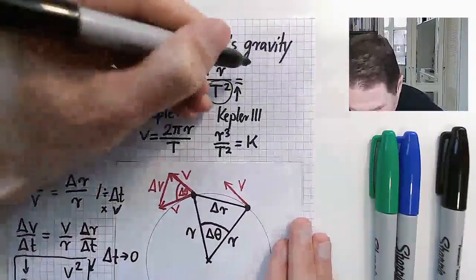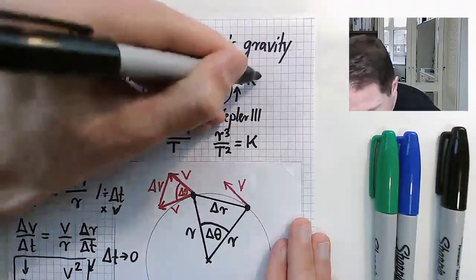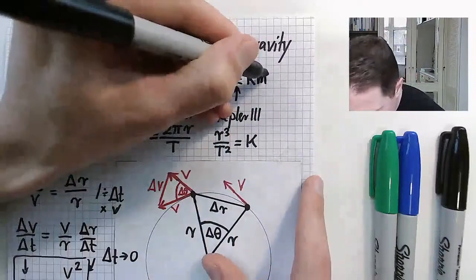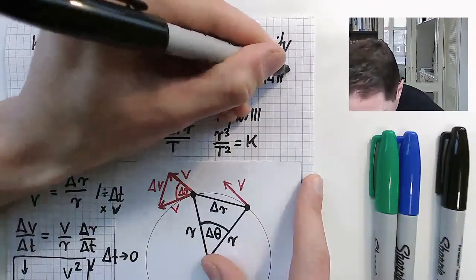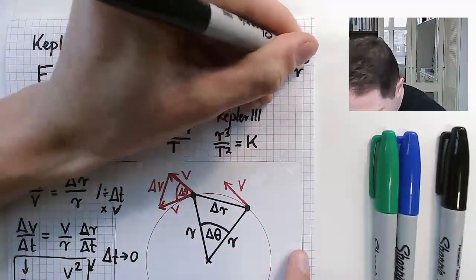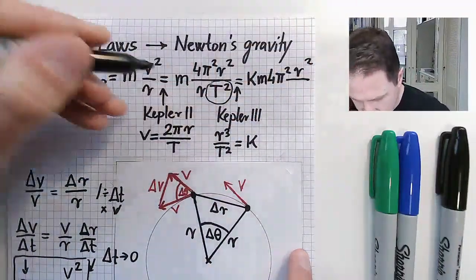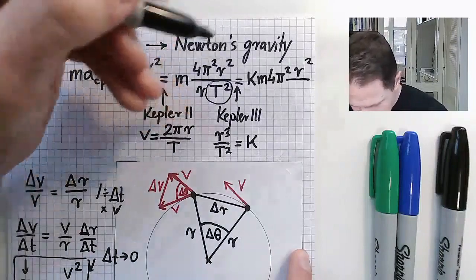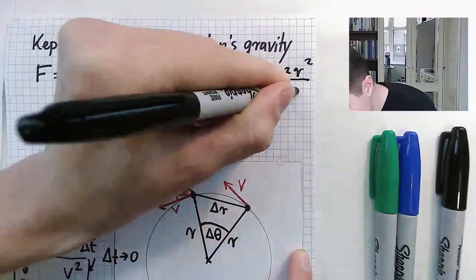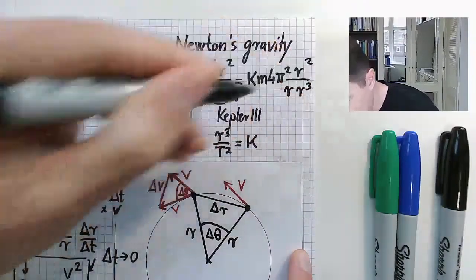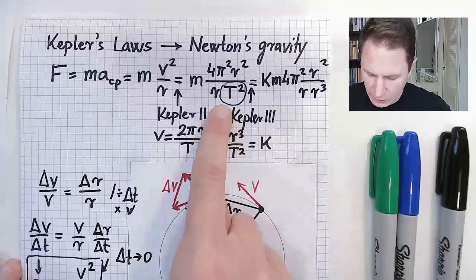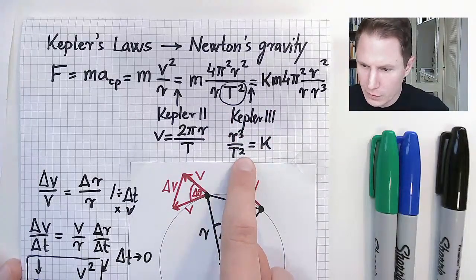So that gives me a factor of k times m times 4 pi squared. Then I have r squared upstairs, and I have r times r cubed downstairs. Okay, so this is what I got by applying Kepler's third law.